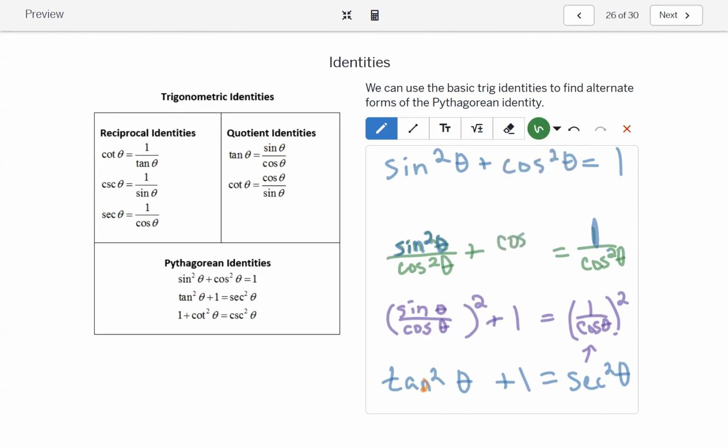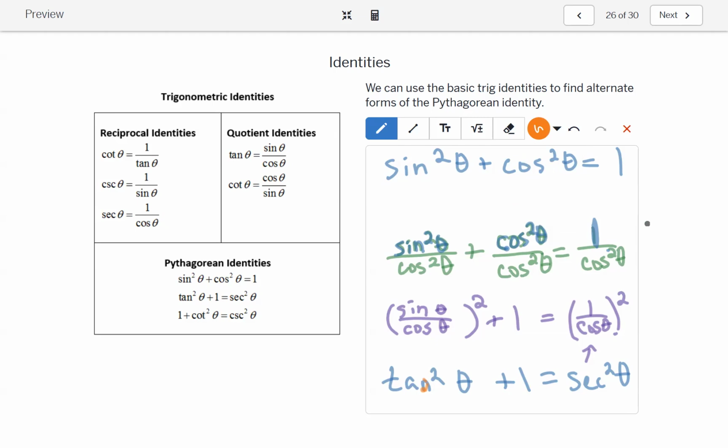What if I put this here? Cosine squared over cosine squared is the same thing as 1, right? So now you see everything on top of these fractions in this middle line is our original equation, and everything on the bottom is the same, right? Could I take my original equation and do the same thing to both sides and keep the equation true?